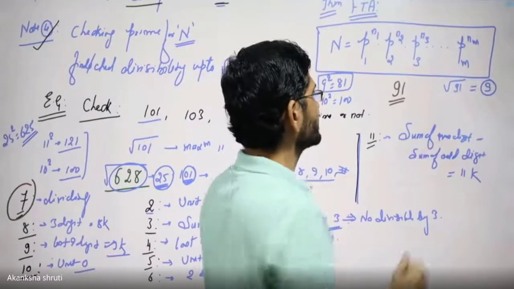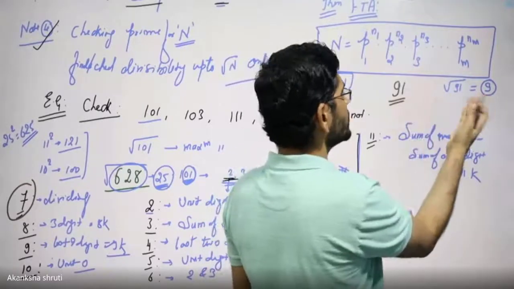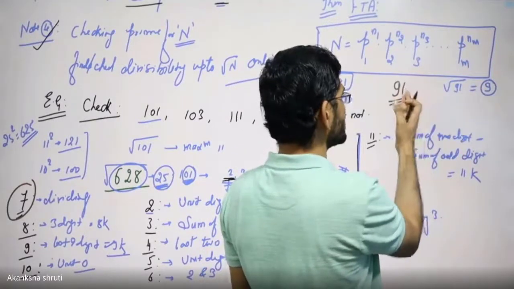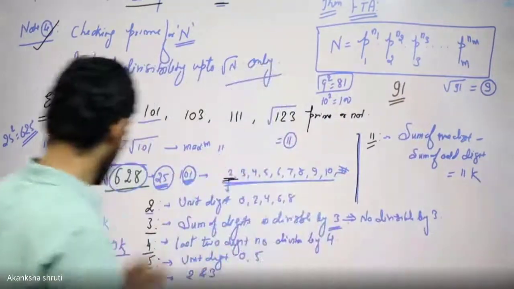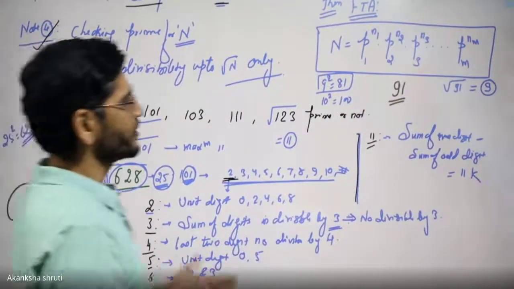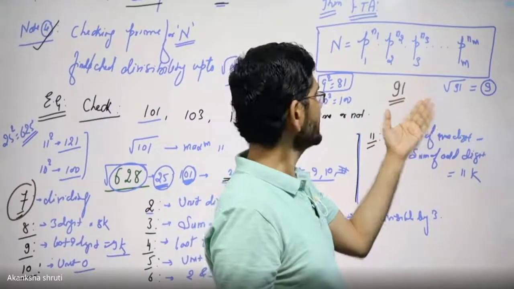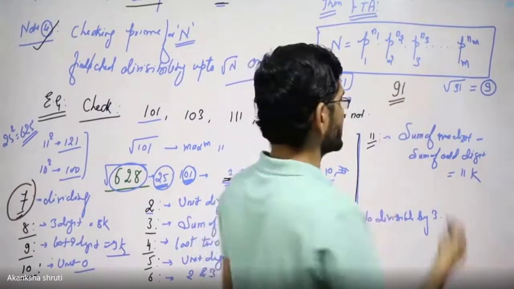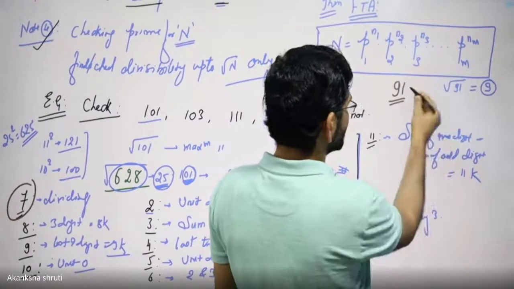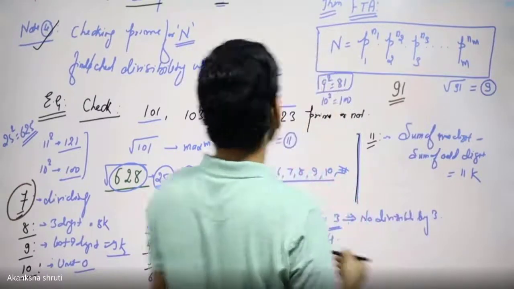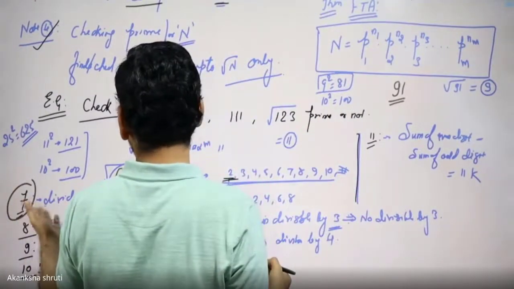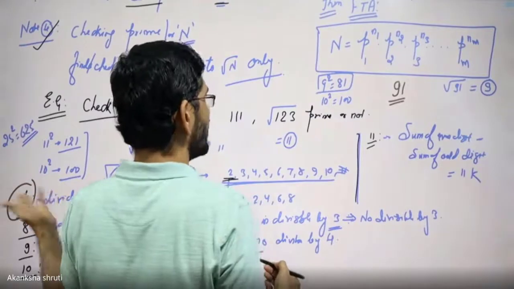That is enough. If we divide by 2, not possible, 3, not possible, applying these rules, okay, students? You can say 4 is not possible, 5 is not possible, 6 is not possible. 7 is the other important one. Try to divide it by 7, by the division method or by any other method.